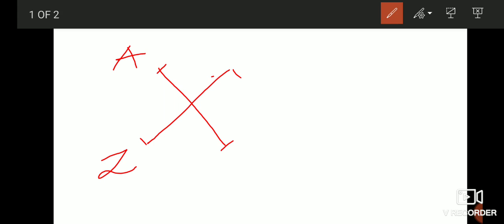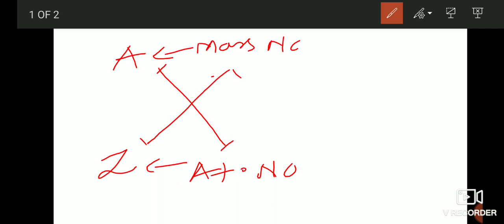So this indicates that this is the atomic number of that particular element, and this is the mass number of that element. Understand now? So X is any element, so you have to keep this in your mind.